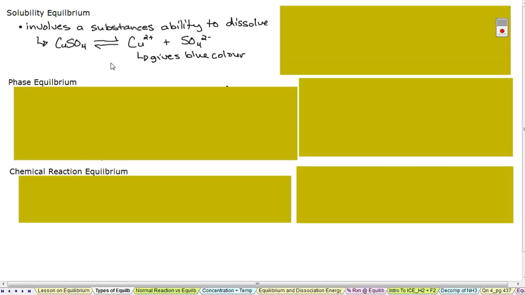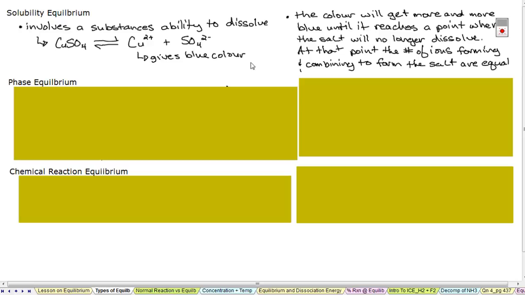However, what you'll probably notice over time is that perhaps not all the salt dissolves. So what's happening there? Well, what's happening is initially the water will get more and more blue until it reaches a point where the salt can no longer dissolve.